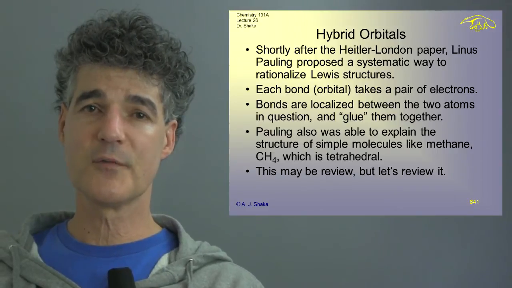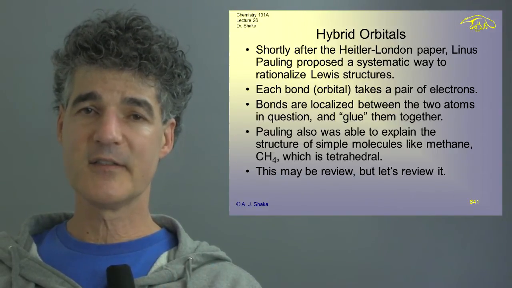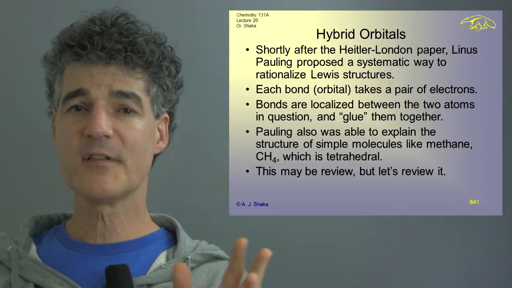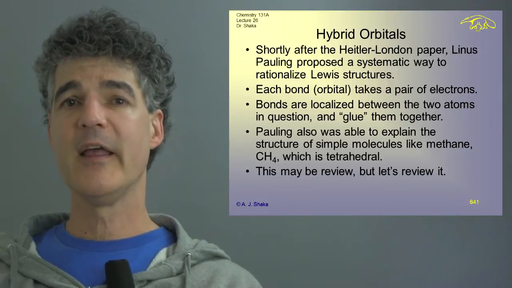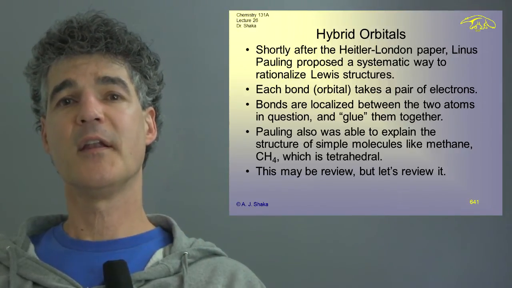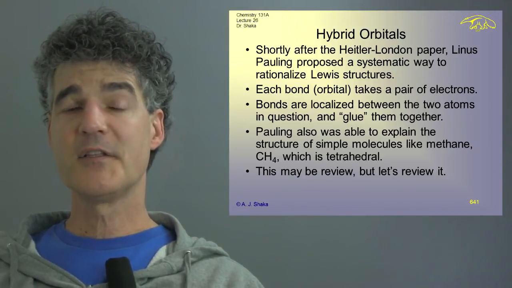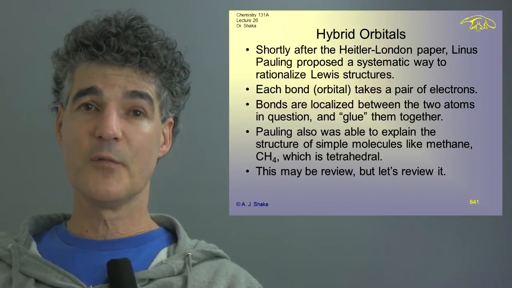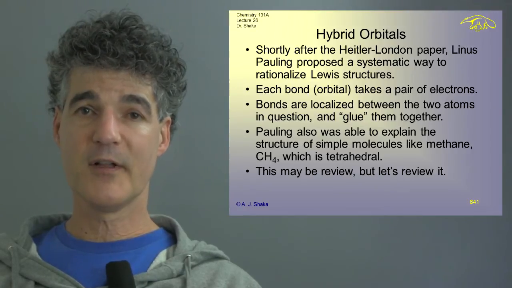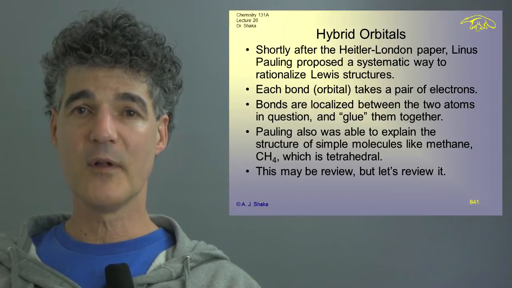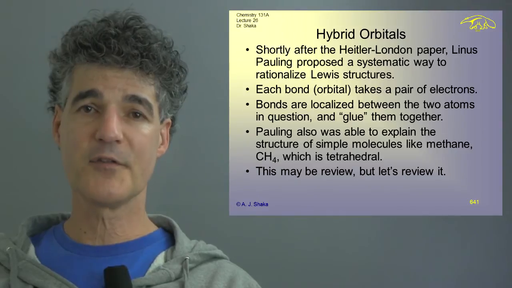So Lewis structures were in the teens, 1916, 17 in there, and then quantum mechanics comes in, and then they could understand bonding, and now they still liked Lewis's way of drawing things with pairs of electrons and the octet rule, and that rationalized a lot of chemistry.